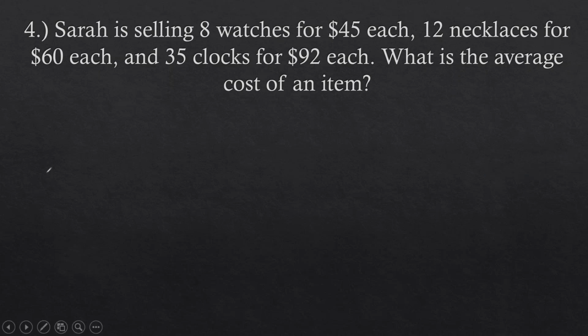So even with the counts, I set up the table there as well. So I have watches, necklaces, and clocks. Now we don't have weights, so we just have 2 columns: the number of items and the cost of items.